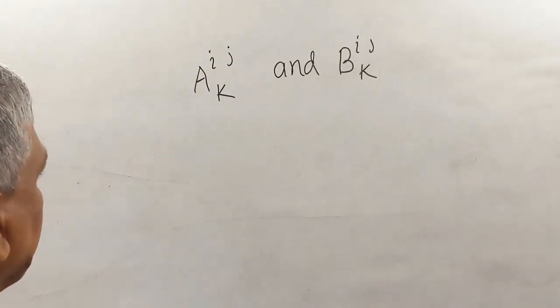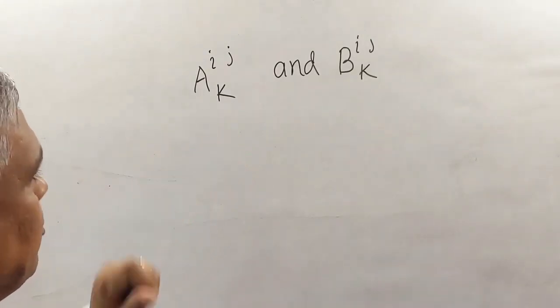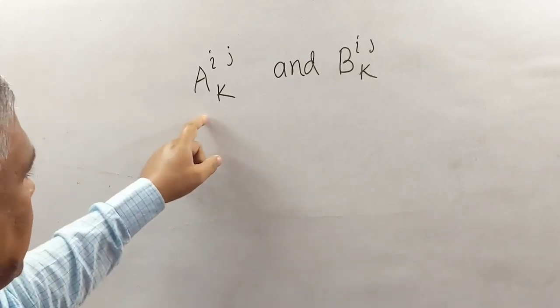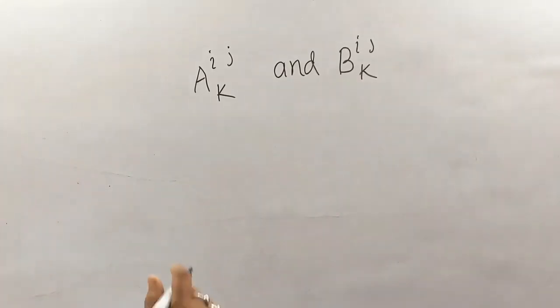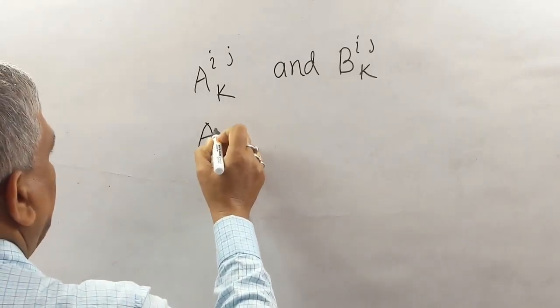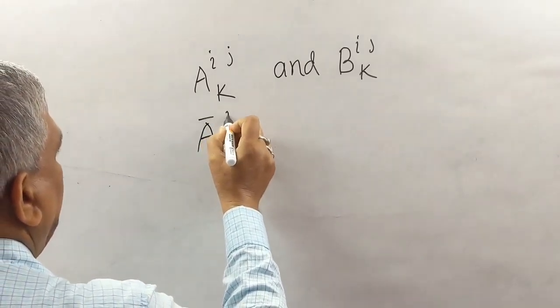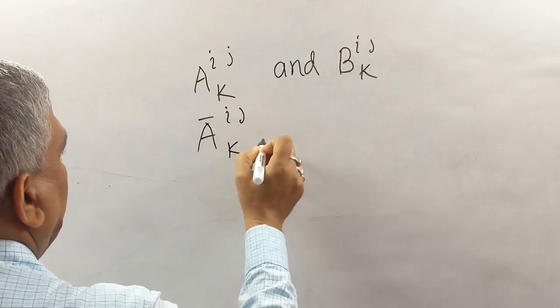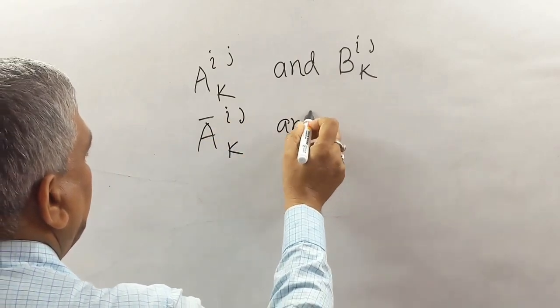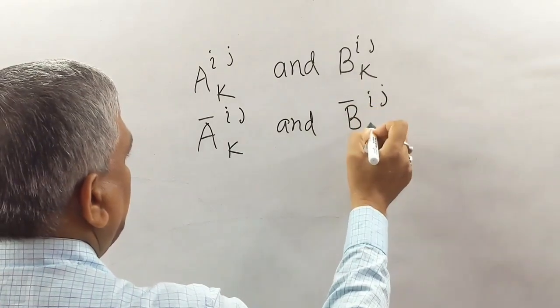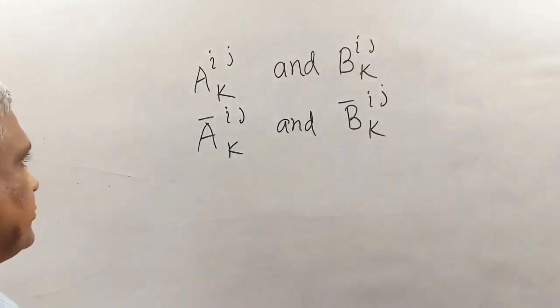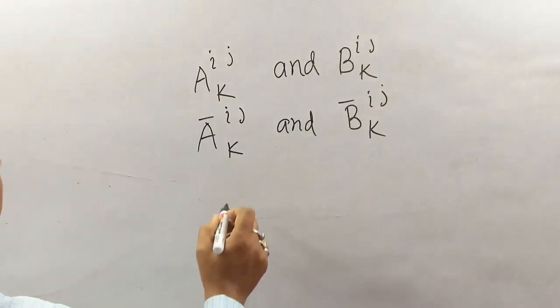These tensors are in the x system of coordinates. Their corresponding values in the x bar system of coordinates are A bar ijk and B bar ijk.